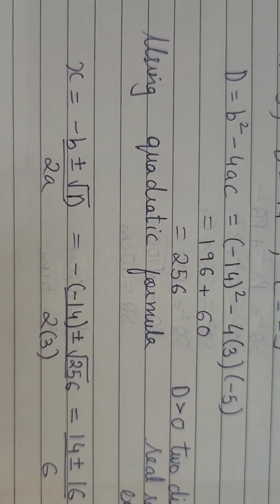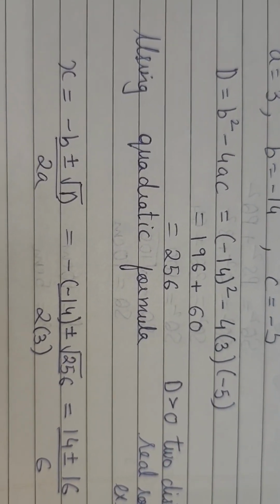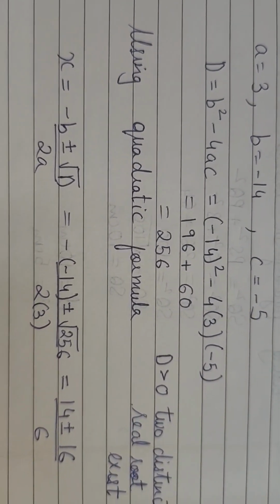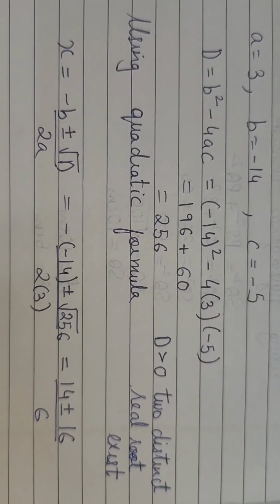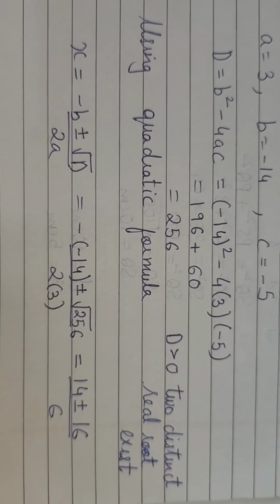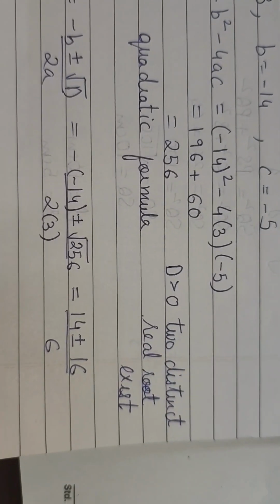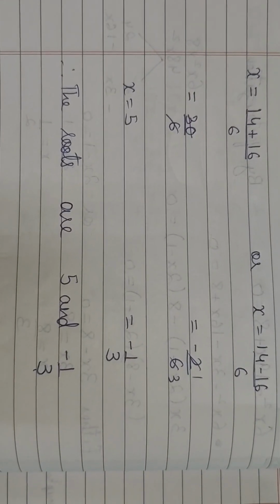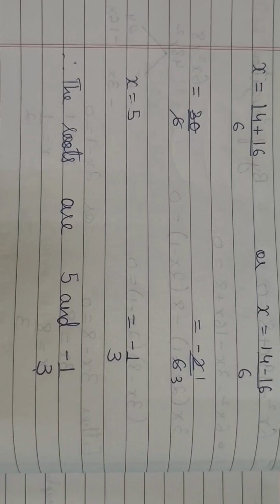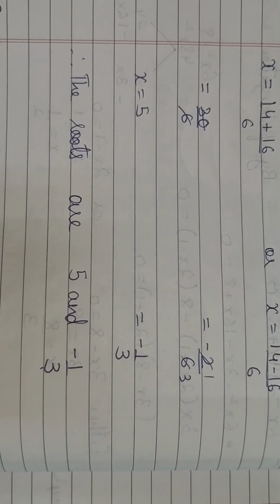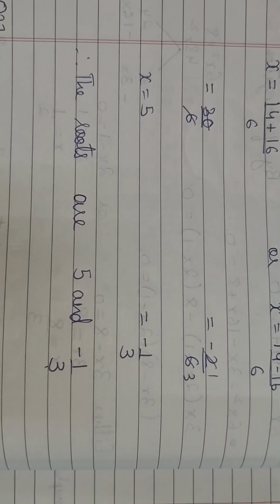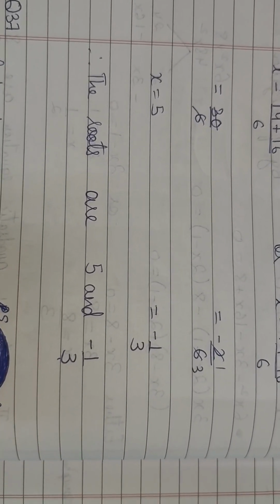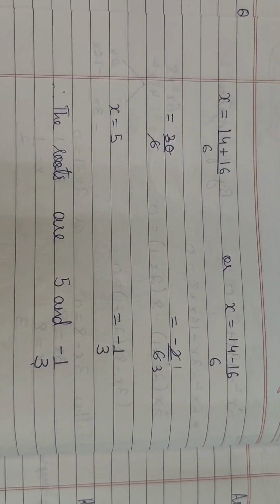Then I will substitute the value of b. b is minus, and minus, this minus is from the formula, and this minus 14, and plus or minus root 256 upon 2 multiplied by 3, so it is equal to 14 plus or minus 16 upon 6. After solving, the final value of x I will get is 5 and the other value of x will be minus 1 upon 3. So therefore the roots are 5 and minus 1 upon 3.